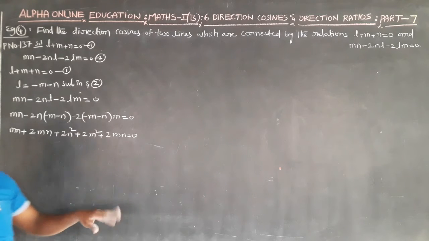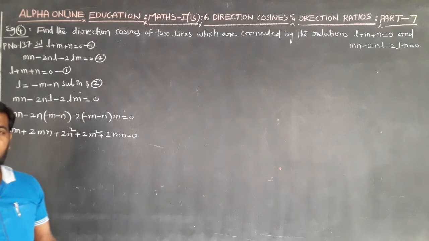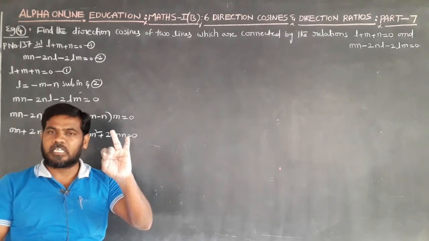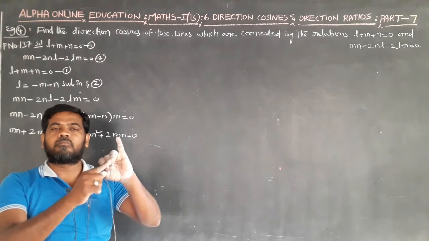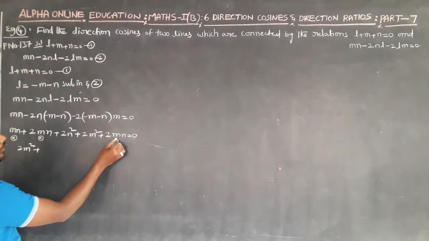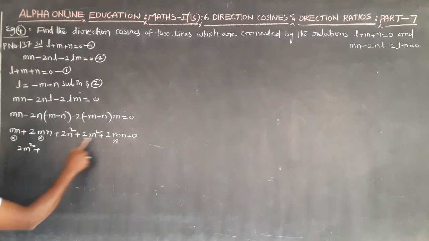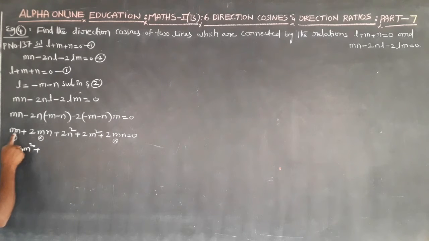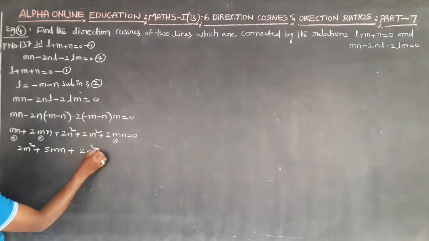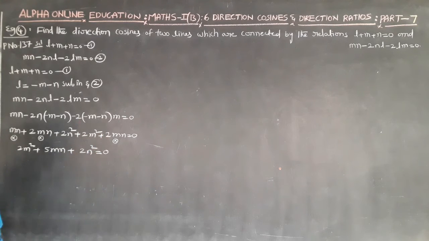Here eliminating L, write in order the M terms and N terms. First of all, 2M square. Next, Mn plus 2Mn plus 2Mn, that is 4Mn, plus 1Mn, 5Mn, plus 2N square is equal to 0.